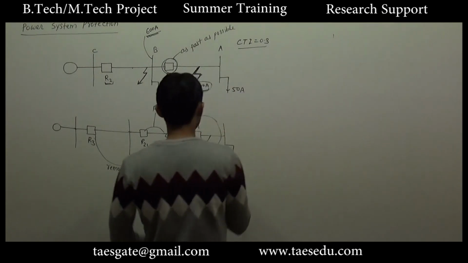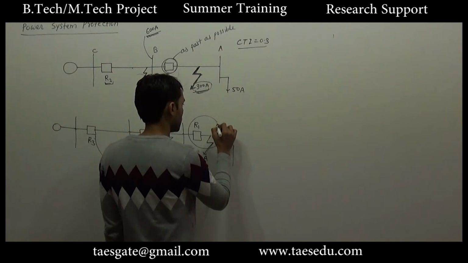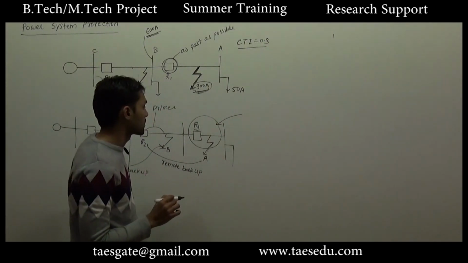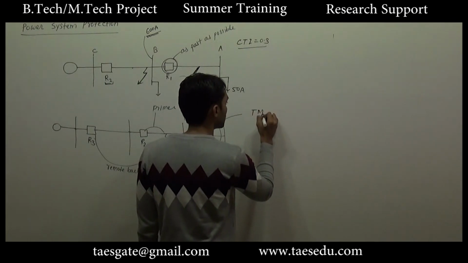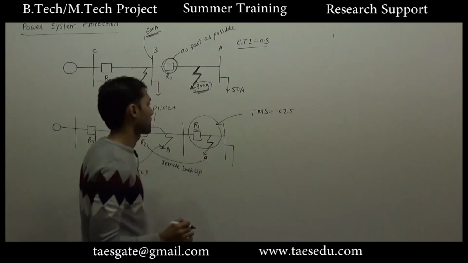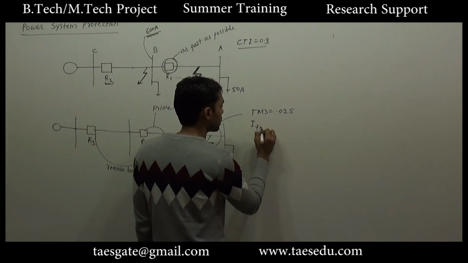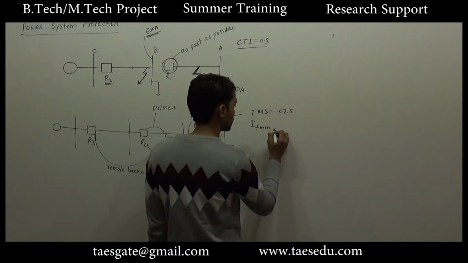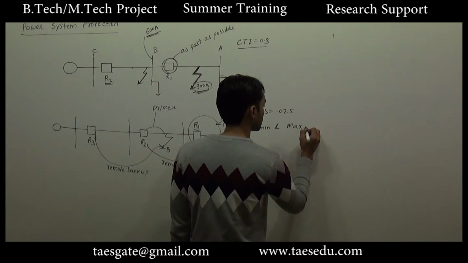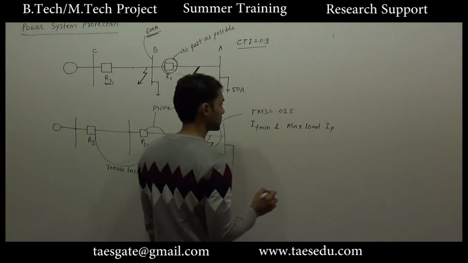We will start with this fault, and for this fault R1 will provide primary protection, so the TMS value will be minimum, that is 0.025. According to the minimum fault current and maximum load current, the pickup current will be decided.